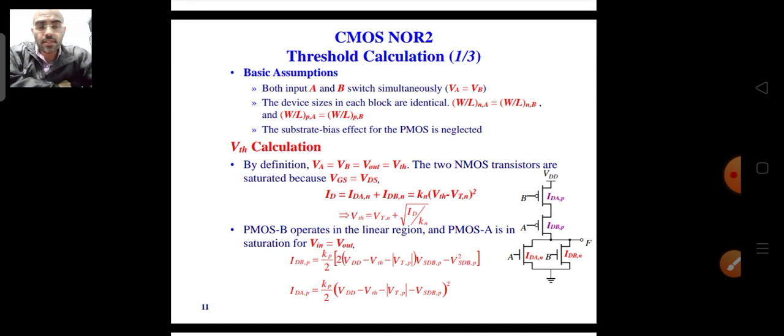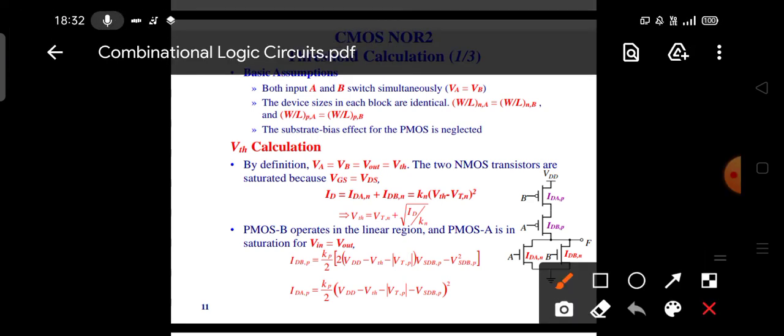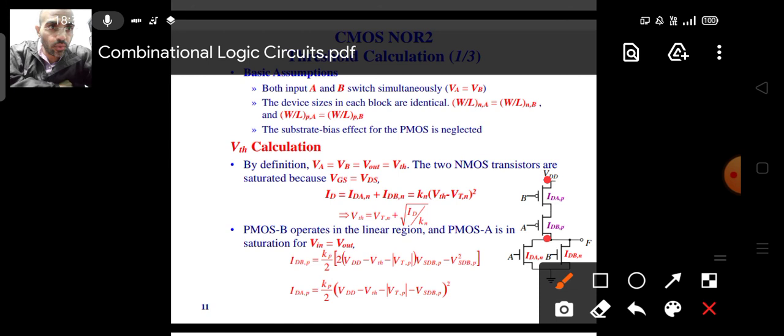If these resistances are equal, then the voltage drop across each of them is equal. So the upper point is VDD and the lower point is VDD by 2, and the drop is equal.